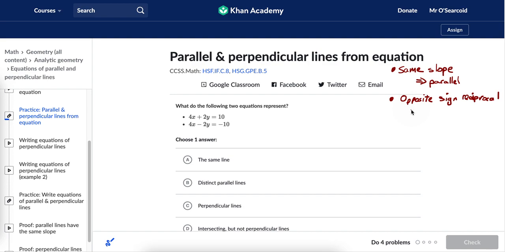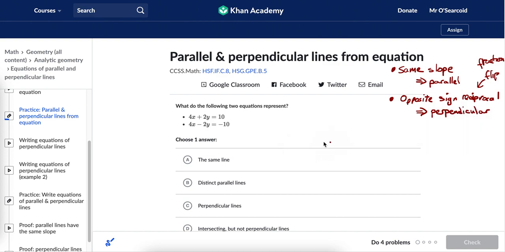Instead of dividing by fractions, you're multiplying by the reciprocal, so you're flipping the fraction. So the opposite sign reciprocal means that you've got perpendicular lines.